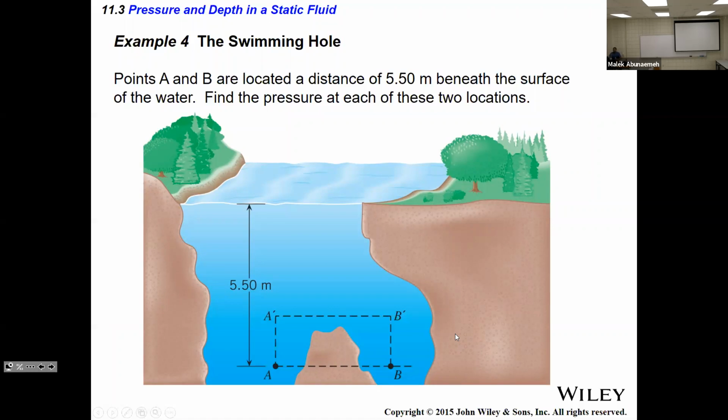So let's do this question. Points A and B are located at a distance of 5.5 meters beneath the surface of the water. Find the pressure at each of these two locations. Okay?